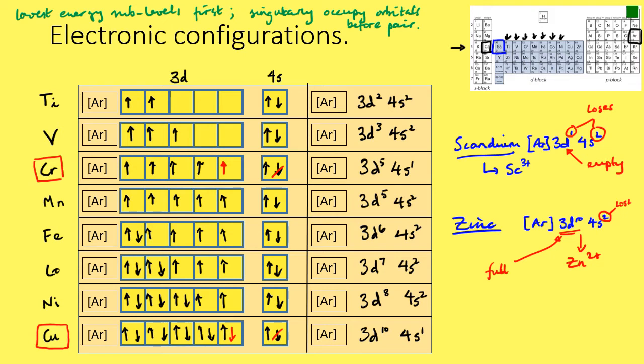And the other rule, one of the other rules, was that the electrons occupy orbitals singly before they pair up. Okay, so there's a couple of our little rules that we learnt at AS.